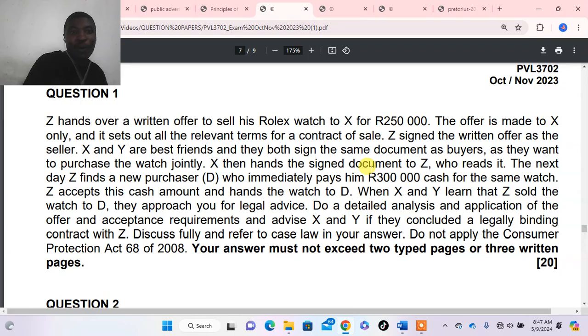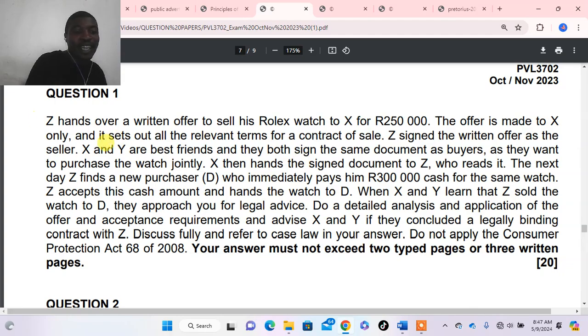You must then apply the information theory. Do you know the information theory, right? According to the information theory, when the offerer, the person who is making the offer, reads the acceptance, the contract comes into being. So you apply the information theory: the contract has come into being.